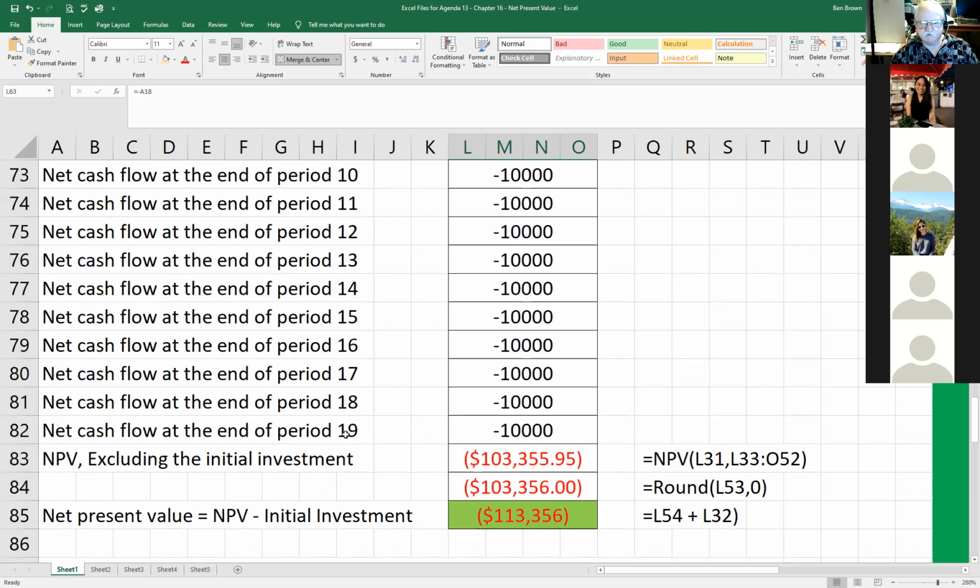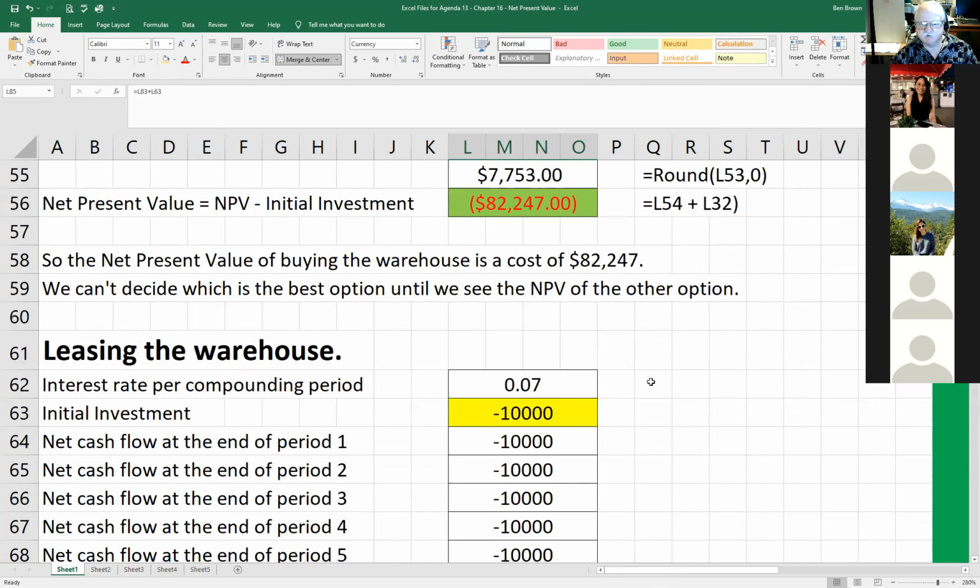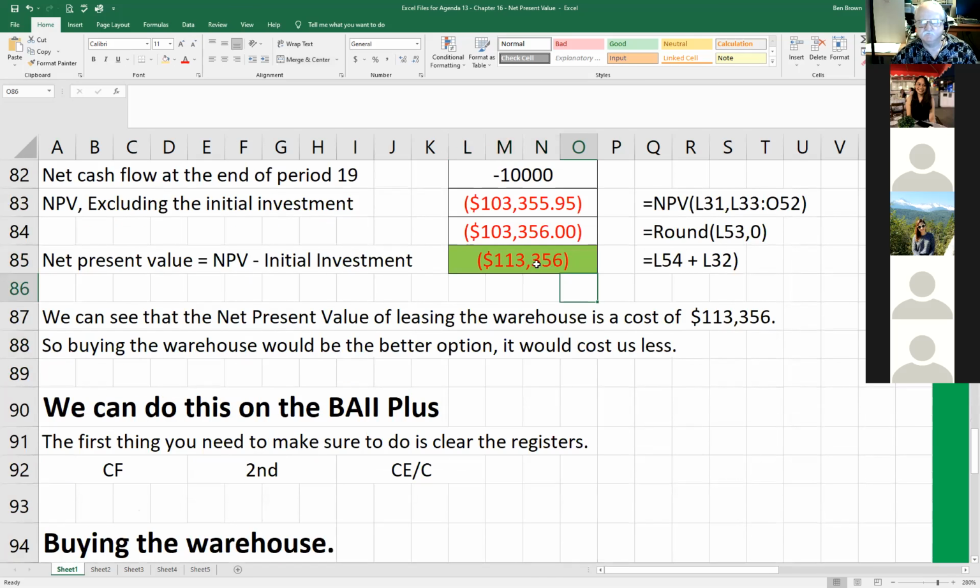This one at the end of period 19 is really the beginning of period 20. And we find the net present value of that. We still have to account for the fact that the initial investment was 10,000.